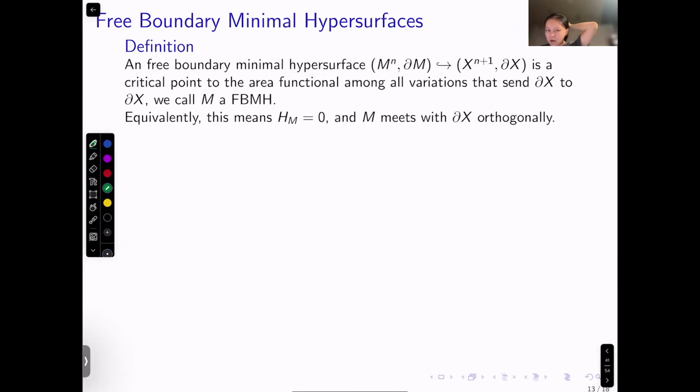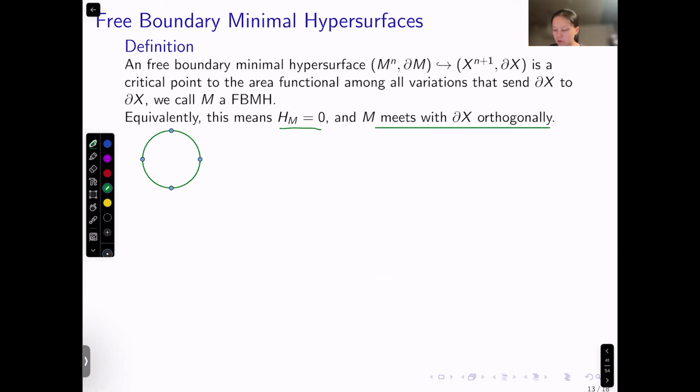And for the free boundary case, we want to look at manifolds with boundary and stable free boundary minimal hypersurfaces. They are just minimal hypersurfaces inside a manifold with boundary, so they have mean curvature equal to 0, and they also meet the boundary orthogonally.